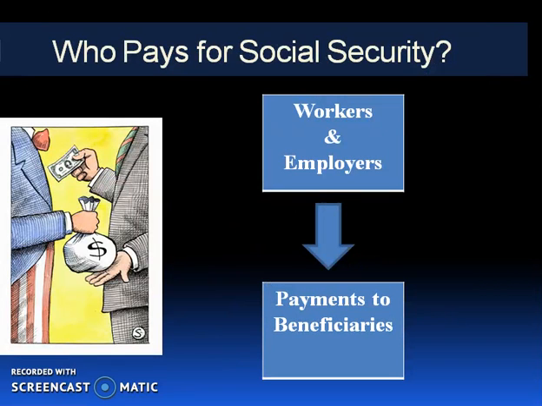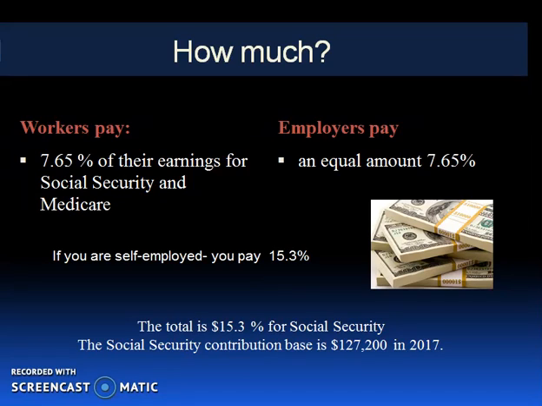That sounds all interesting, but let's see who pays for Social Security. Well, when we are young, we all pay into Social Security, and then the benefits replace a portion of lost wages due to death, disability, or retirement. All right, so how much do we pay? In 2017, we pay 7.65% of our earnings, and then our employers pay 7.65%. If you are self-employed, then you pay 15.3%.